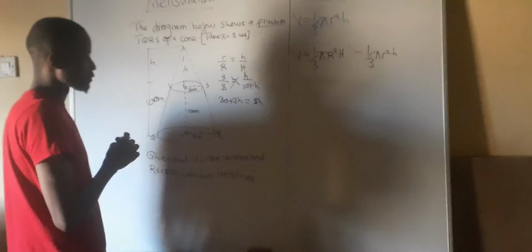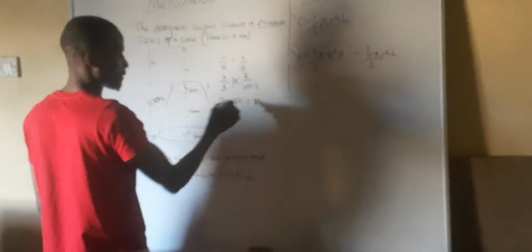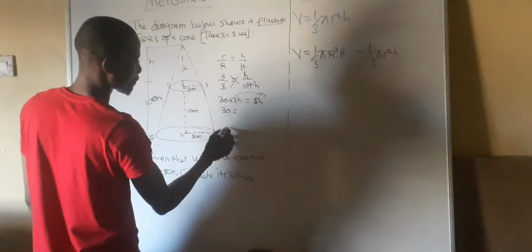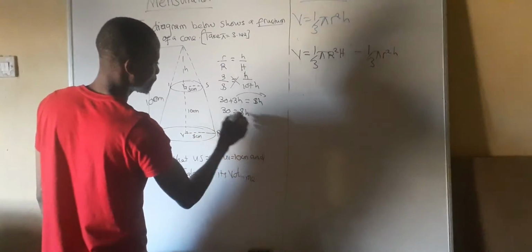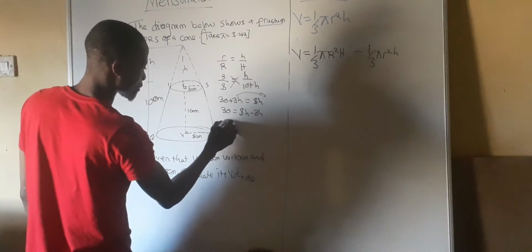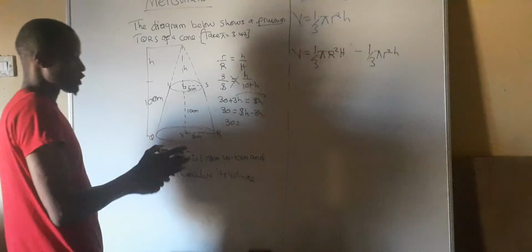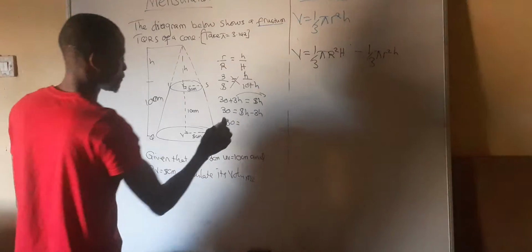You group the like terms together, the 3h and the 8h, these are like terms, so the 3h goes there, remaining with 30 is equal to 8h. When a 3h crosses the equal sign, it becomes a negative 3h, which you have 30 is equal to, now 8h minus 3h, we have 5h.